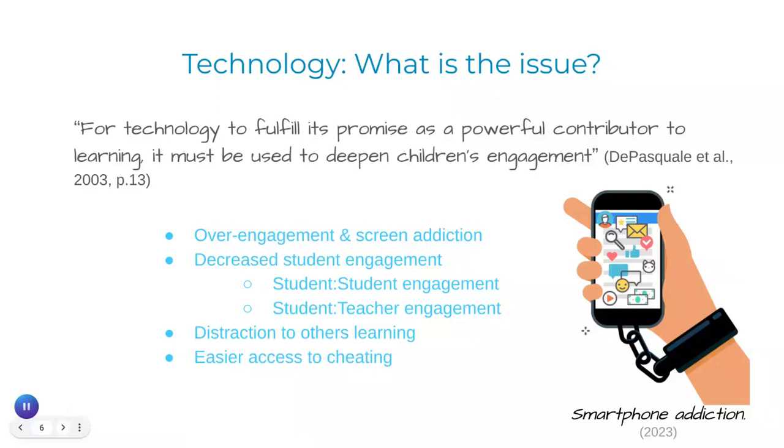Because we are used to the quick entertainment that cell phones provide, there seems to be a growing lack of engagement with learning in schools, and both peer relationships as well as student-to-teacher relationships are negatively affected. While not every student is chained to their cell phone, they can still be easily distracted by others who are on them in the room.